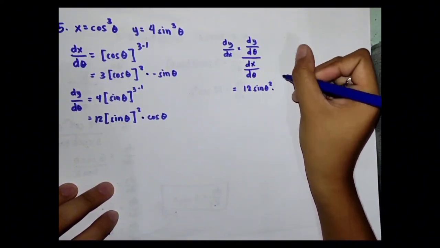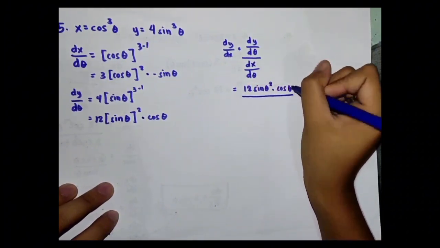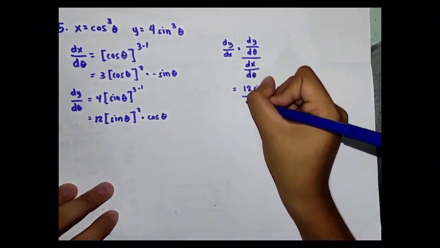Then substitute the values of dy over d theta over dx over d theta.